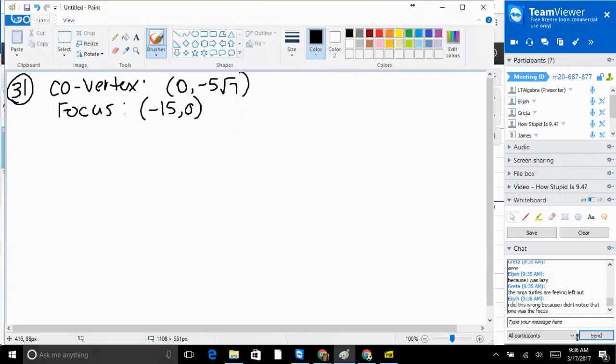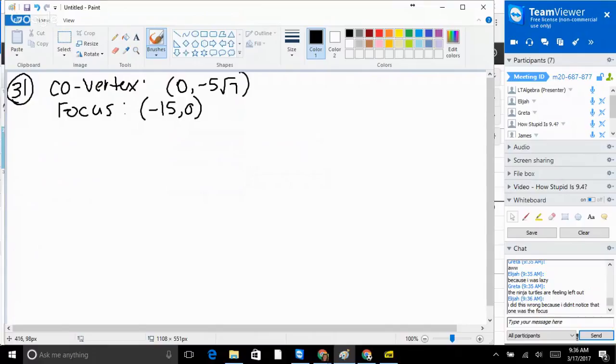That's easy peasy. Plug in, you're done. Starting with 23, they give you the vertex and a focus. And then starting with 29, they give you the covertex and the focus. So just pay attention to what points they're giving you.